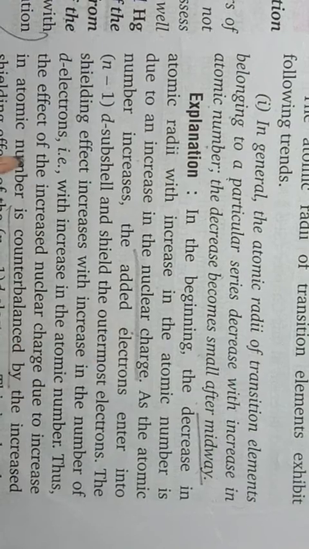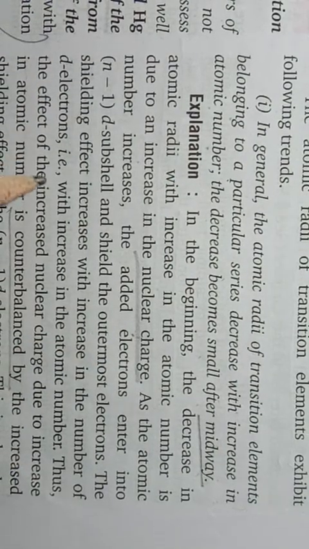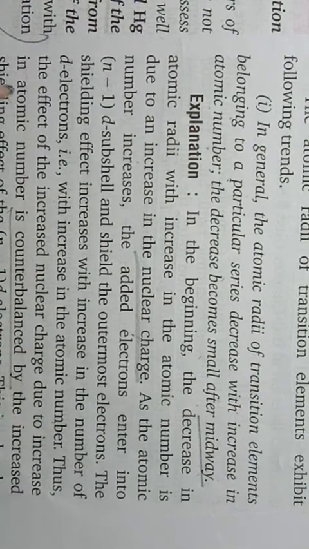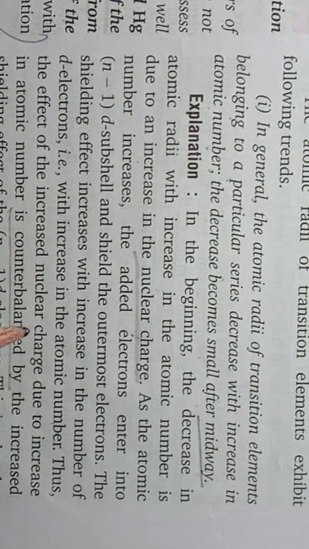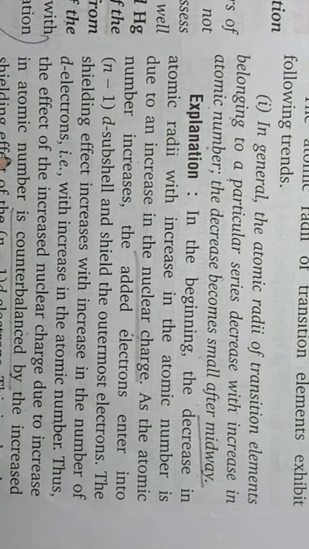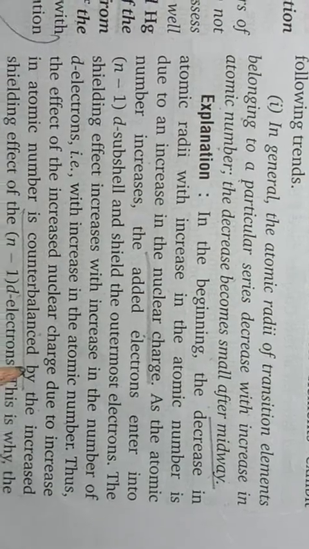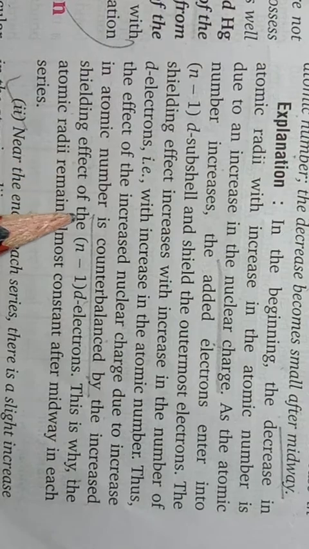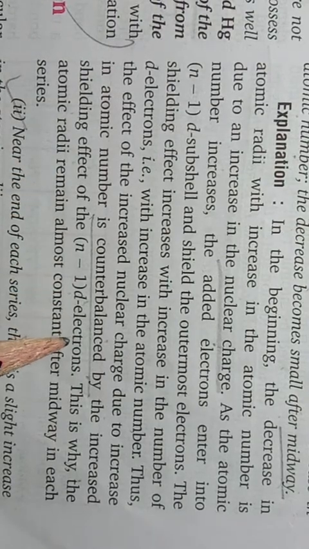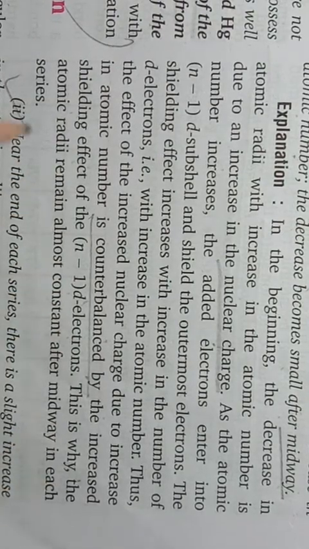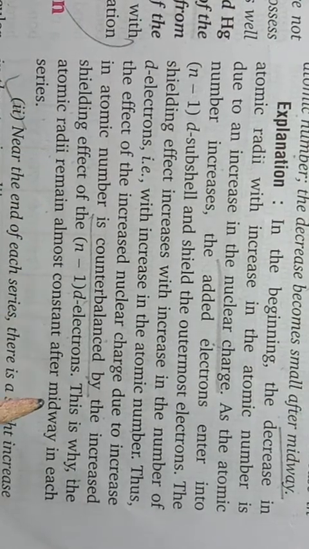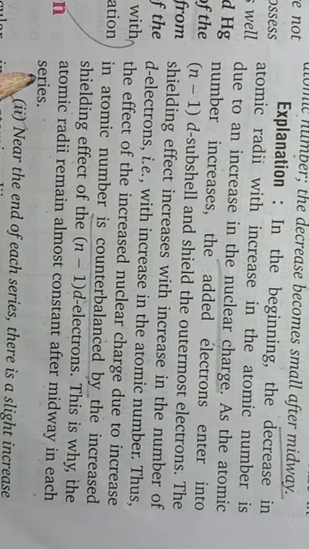But with the increase in atomic number, the effect of the increased nuclear charge is counterbalanced by the increased shielding effect of the n-1 d electrons, and this is why the atomic radii remain almost constant after midway in each series.